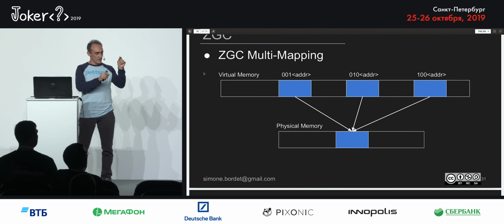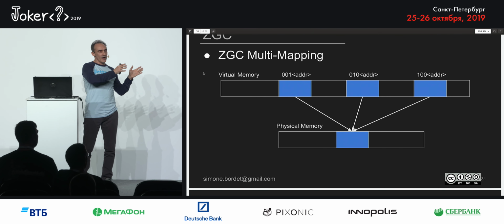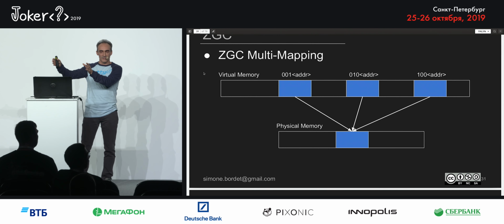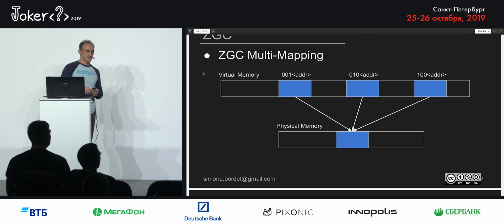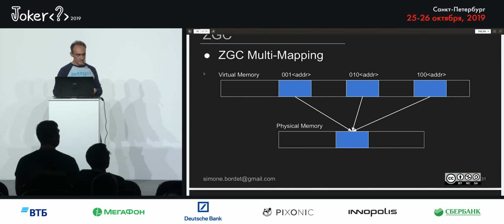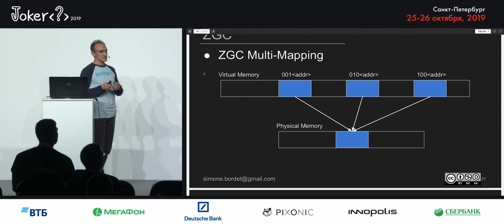But if I use the colored bits and I change them and it becomes 010 and then the same address as before, I am in a completely different region of the virtual memory, and so forth, right? So the trick that ZGC uses to avoid having problems with this is the following.